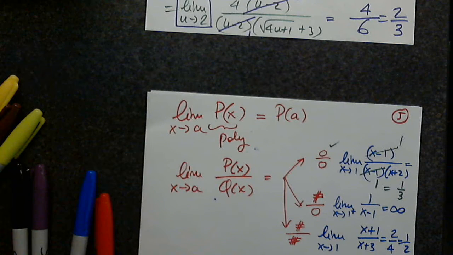No, the answer is this. If the number a is in the domain of the function, plug it in and you're done. 1 is in the domain of the function. Next. But if 1 is not in the domain of the function, like here or like here, I have to be careful. So that's the answer.